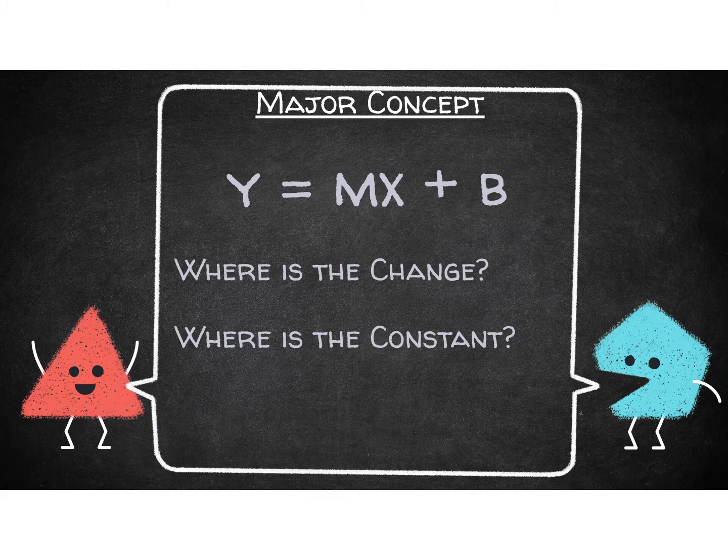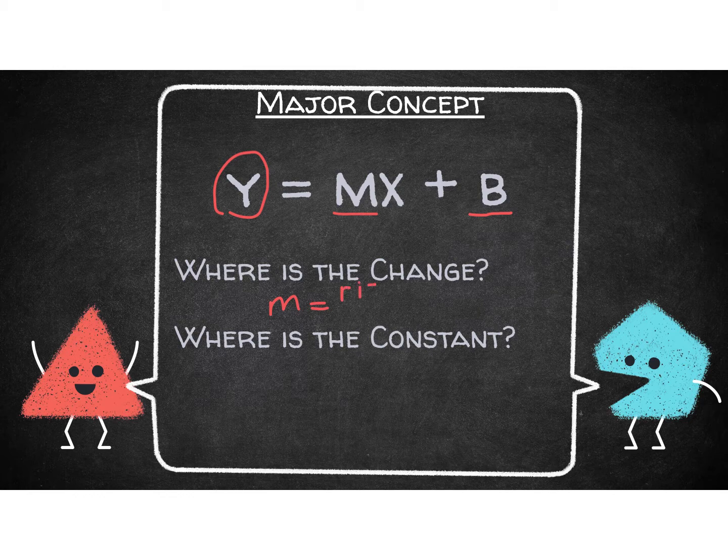The major concept of this lesson is the slope-intercept form equation, which has the slope and the y-intercept in the equation, and it is solved for y. The change is going to happen at the m, and the m is the same m we talked about before.